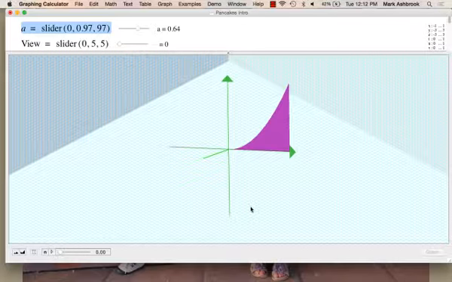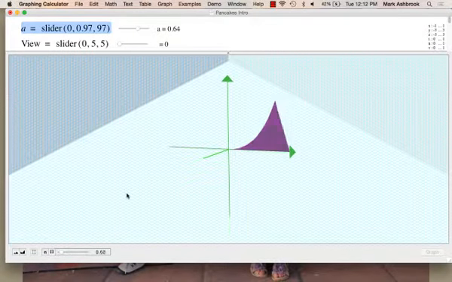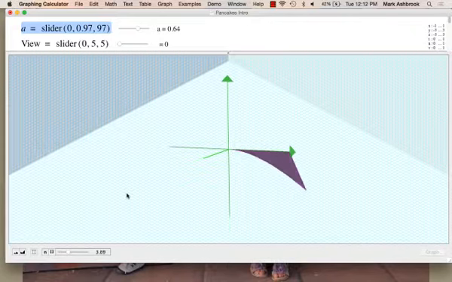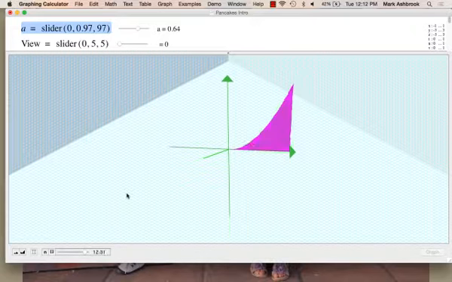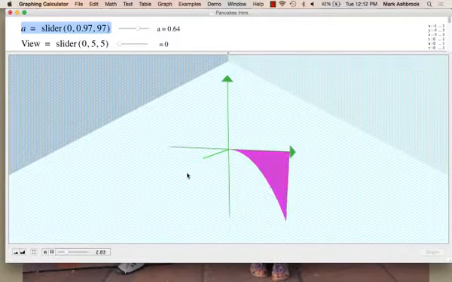So now what did it say? It said we want to rotate that about the x-axis. And when you rotate that thing about the x-axis, all the points in space that get hit by that region form a solid. Do you see that? Can you imagine what that solid will look like? Not like a spinny thing.